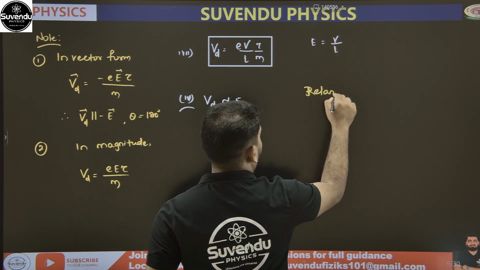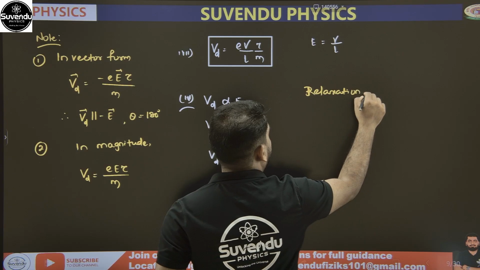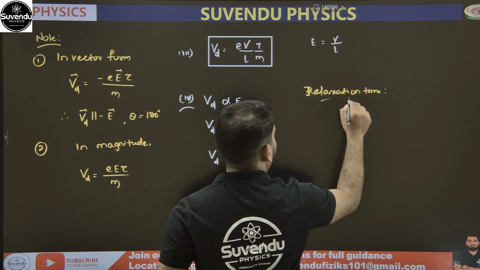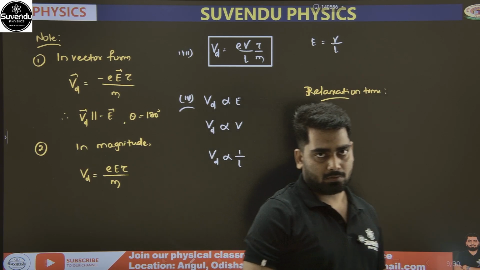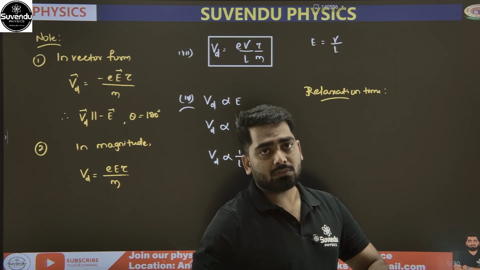What is the meaning of relaxation time? The average time interval between two successive collisions. We have taken tau to mean tau average.